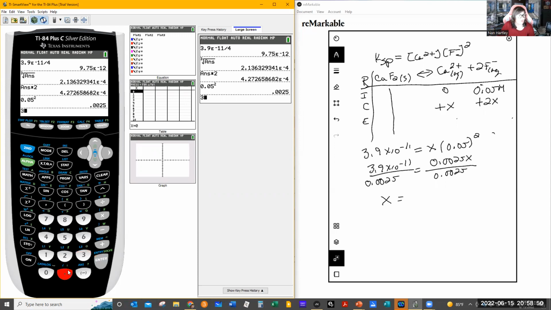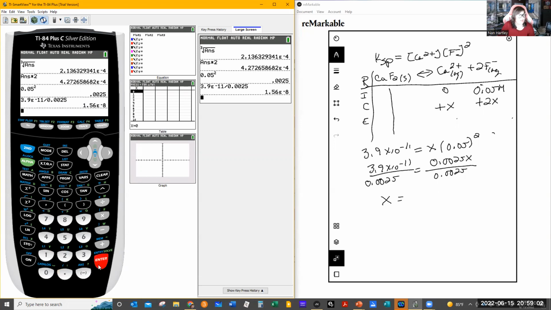So I have 3.9 times 10 to the minus 11, and we're going to divide that by 0.0025. And that gives me 1.56 times 10 to the minus 8th. And that's what I would put in here, 1.56 times 10 to the minus 8th.